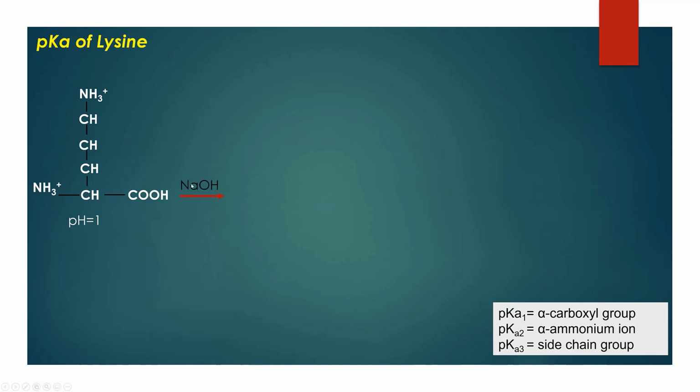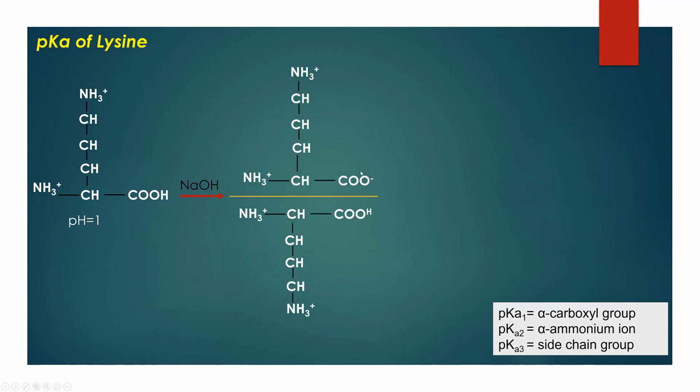After increasing pH by adding more NaOH to the solution, there is a state at which half of the carboxyl groups dissociate their hydrogen while half retain it. This is pKa1, which is around 2.18, and after adding more, the carboxyl group of the lysine molecule completely dissociates its hydrogen in the solution.